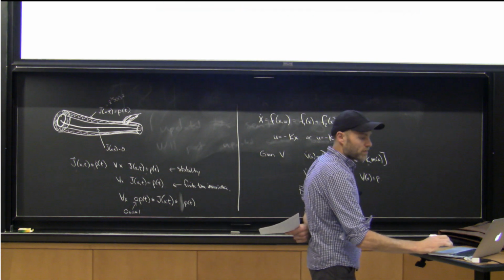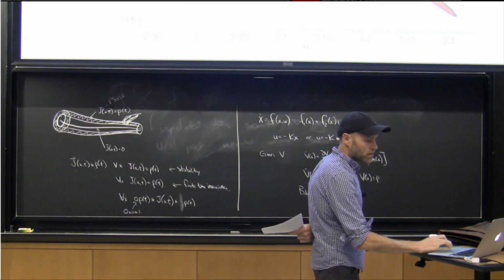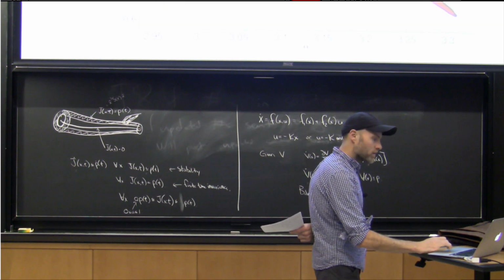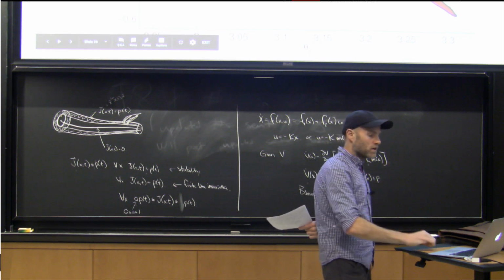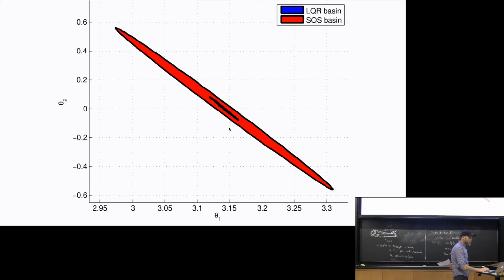So for just doing LQR trees for the Acrobot, this is theta 1, theta 2, a projection of a 4-dimensional funnel onto a 2-dimensional picture. It's hard to interpret pictures of funnels unless they're in the full space, but still.